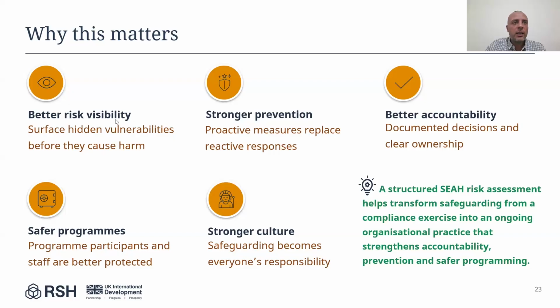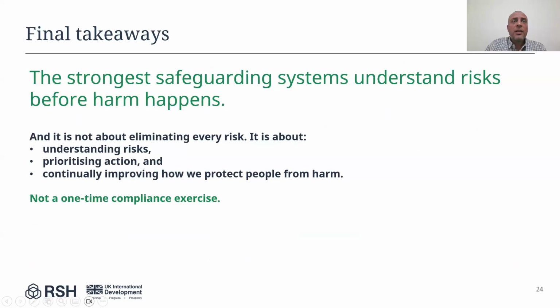Next slide, Piero. I would like to finish with one final message, if you allow me. To conclude, the strongest safeguarding systems are not those with the most policies or with polished policies. They are those organizations that understand their risks, review them regularly, and take proper practical action to reduce them.